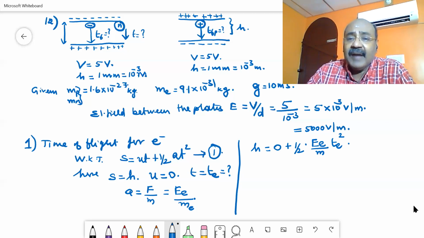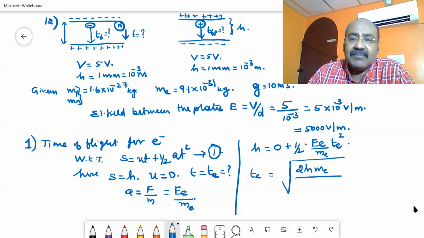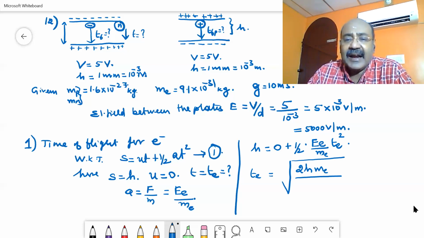I need te, so I am calculating. te is equal to, when I take this to the other side, square root of 2m taken to the numerator, so 2hm, where m is the mass of the electron, divided by the electrical field E and the charge of the electron e.